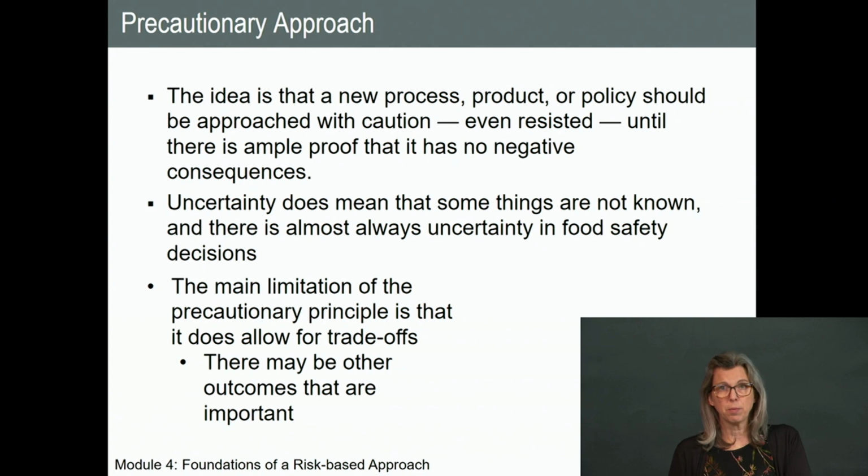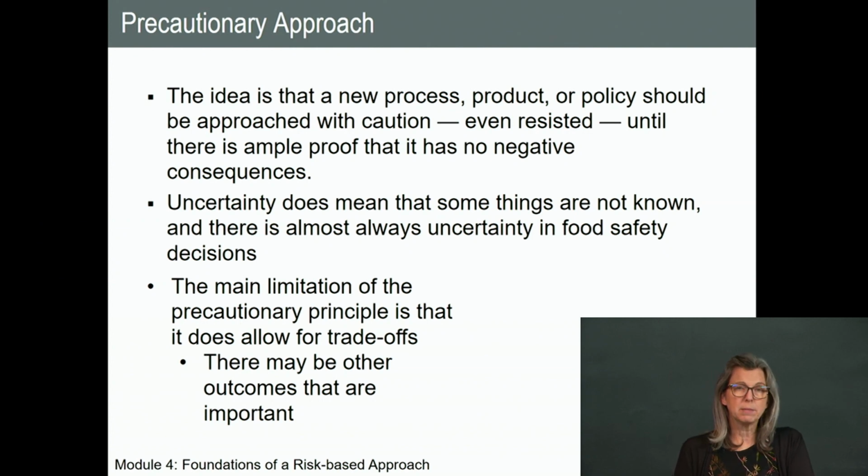The fourth approach I wanted to mention is the precautionary approach. This is the idea that any kind of new process, product, or policy should be approached with caution and maybe even resisted until there's ample proof that it's safe. Uncertainty is almost always present in food safety decisions, and it just means you don't have all the information that you would want.